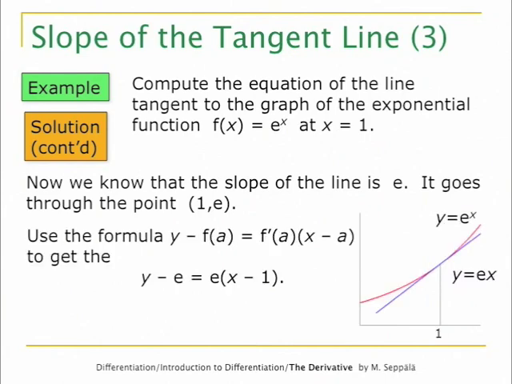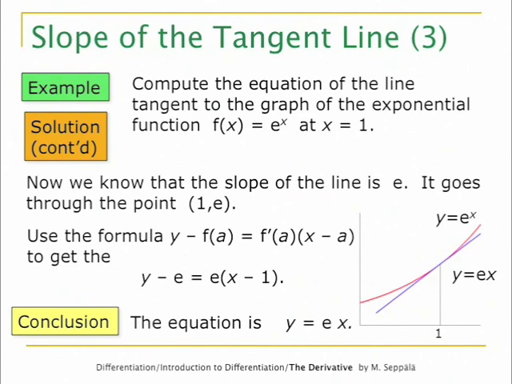Therefore, using the formula y minus f of a equals f prime at a times x minus a, we get the equation y minus e equals e times x minus 1 for the line tangent to the graph of e to the x at x equals 1. This equation simplifies just to y equals e times x. So this is the equation for the line tangent to the graph of the exponential function at the point (1, e).